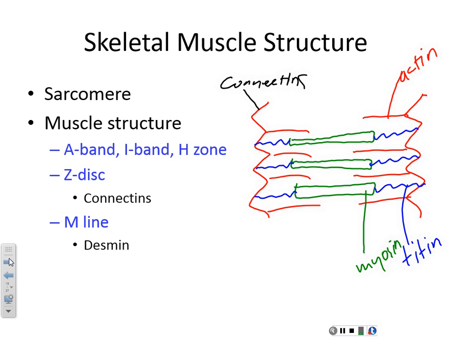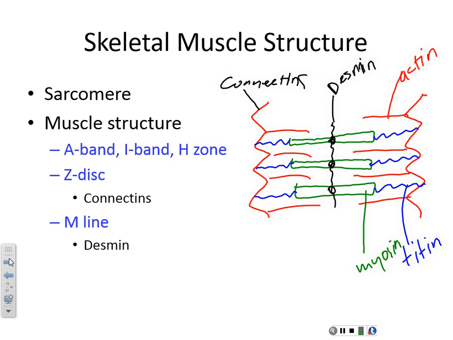And then here, we got the M line. And then we got myomesin. Kind of anchors that in place, the myosin filaments. So that when the muscle is contracting, what's happening? The Z lines are approaching the center, right?